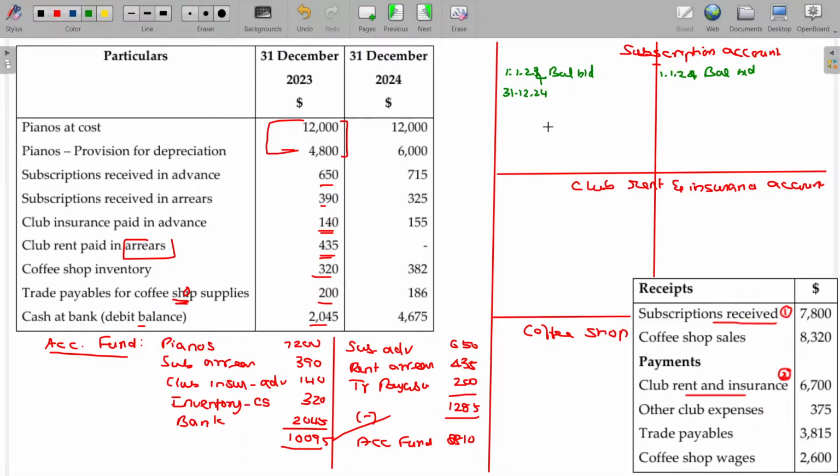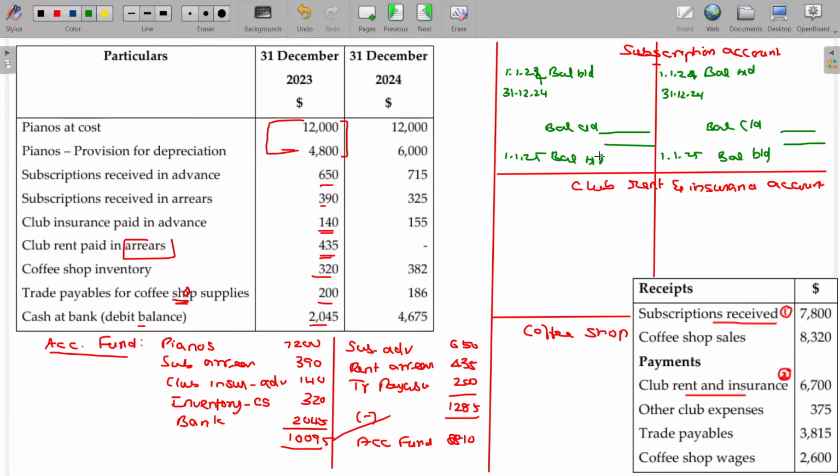Okay. Balance carried on. And for the next period, this will be 31st December 24, and 1/1/25 balance brought down.